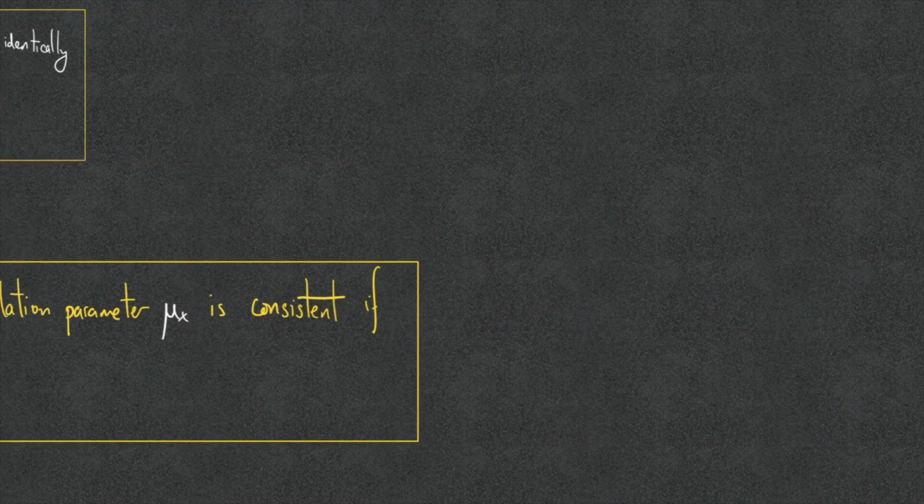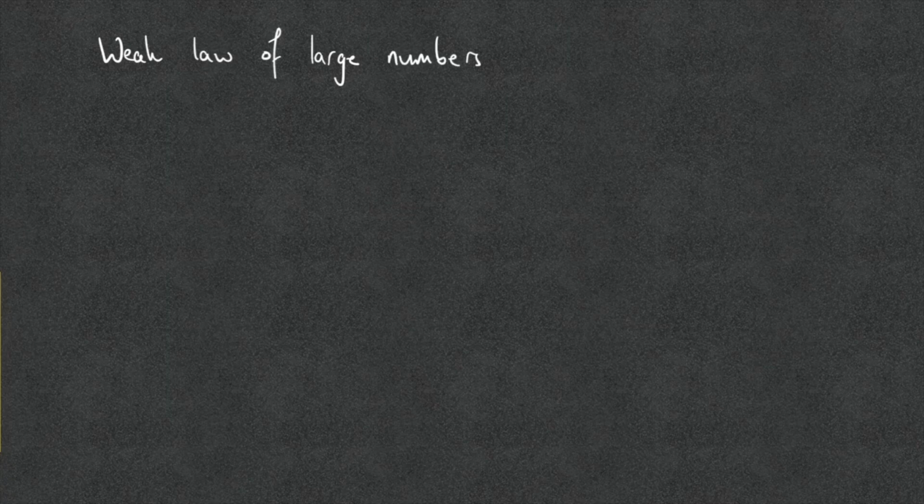Now, we'll come back to this example in a second, but in almost any example like this, you will need to appeal to the weak law of large numbers. The weak law of large numbers tells us that if we have n independent identically distributed observations of xi, then the probability limit of the sample mean is just going to be equal to the expectation of x.